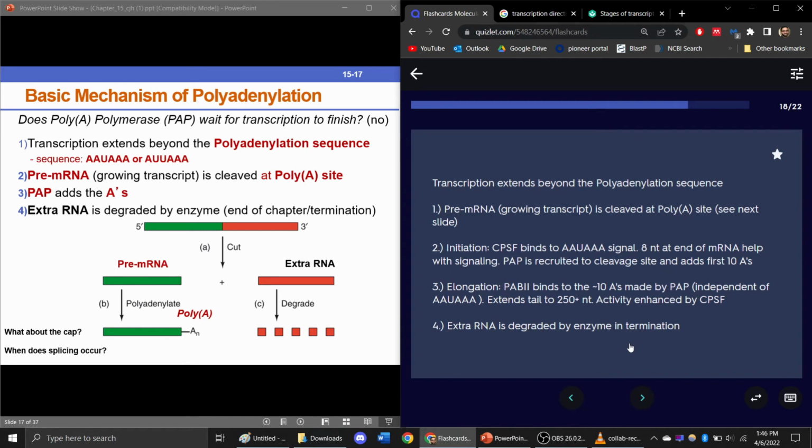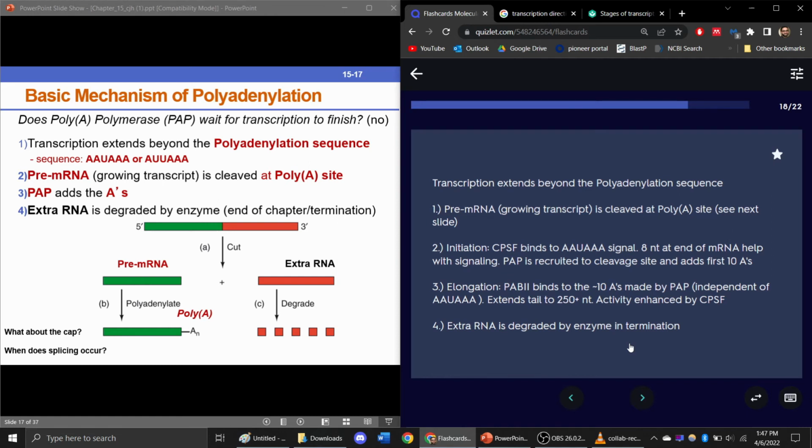After that is initiation, then elongation, and then termination of transcription. Initiation and elongation are simpler steps than the cleavage. There's less going on with them. So pretty much everything you need to know regarding initiation and elongation is already on this slide.